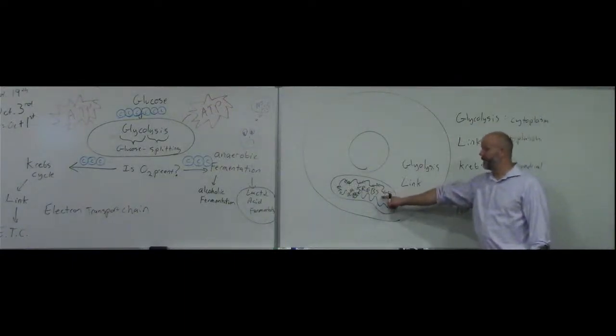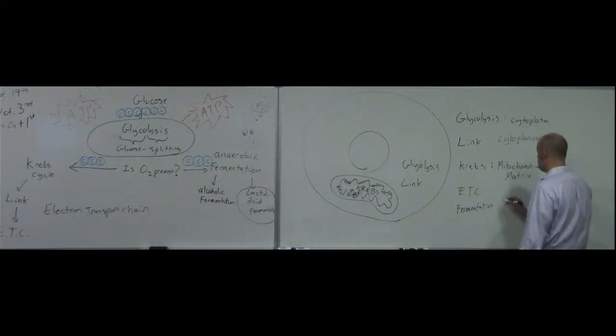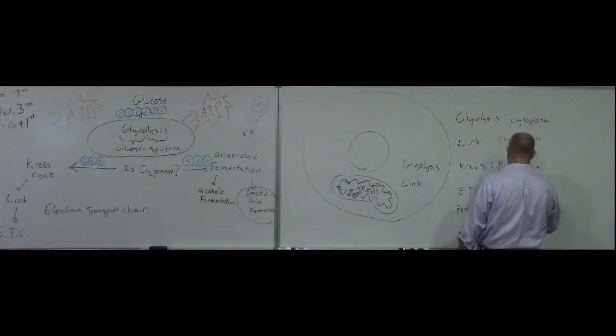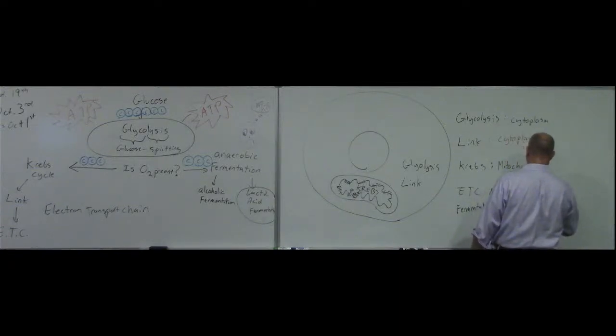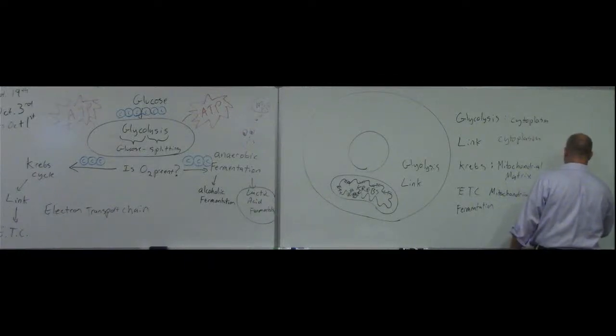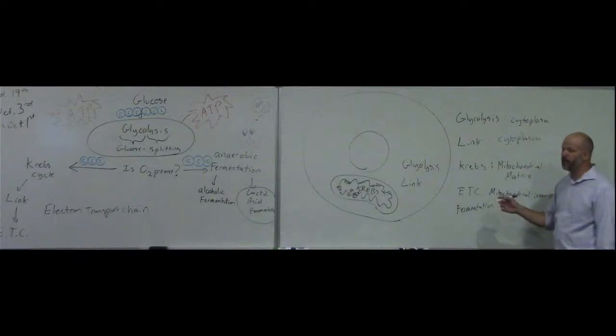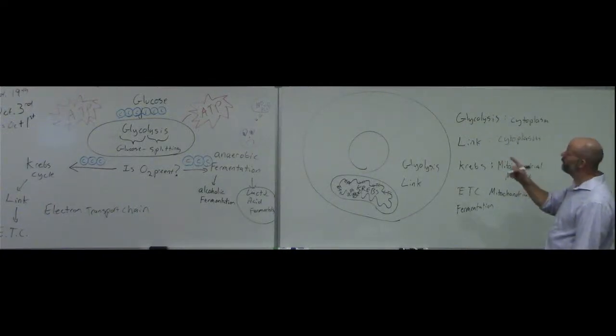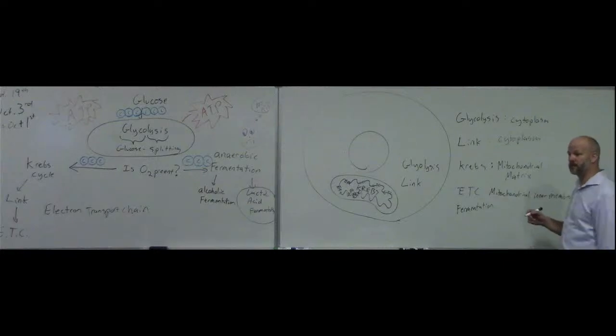On the inner membrane of the mitochondria. And where does fermentation happen? I didn't draw it yet. Where do you think it's going to happen? Nucleus? Not the nucleus. Cytoplasm.